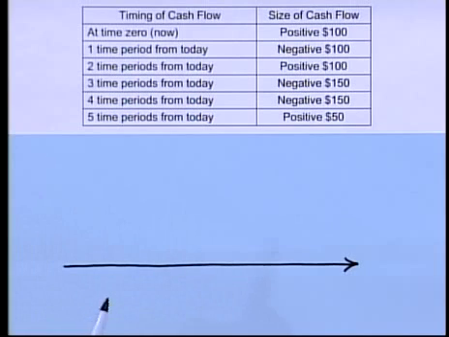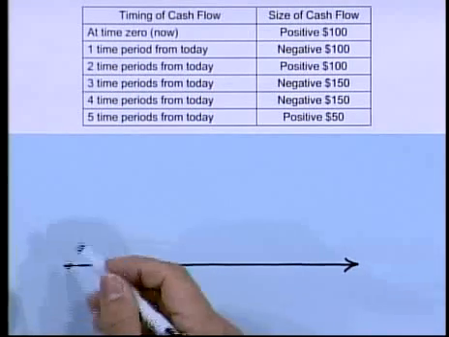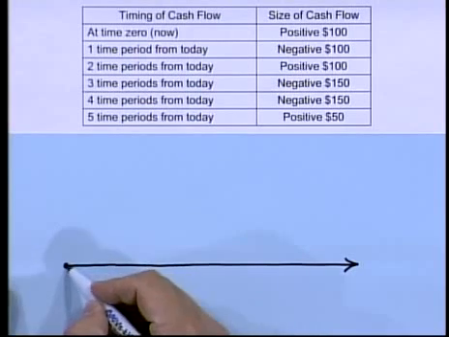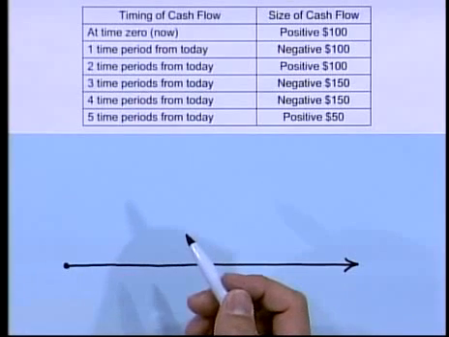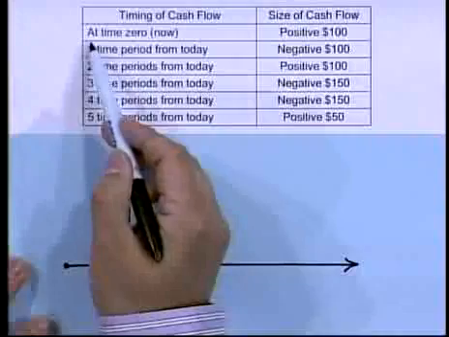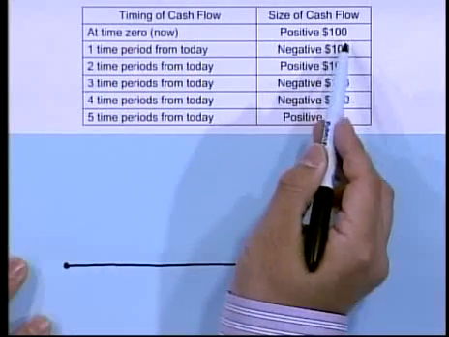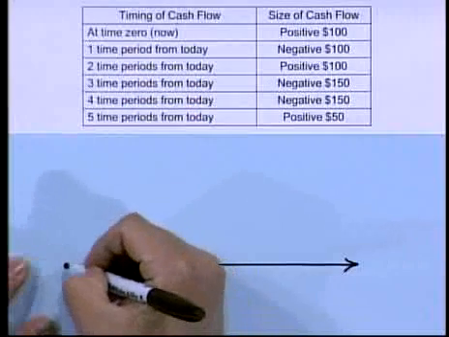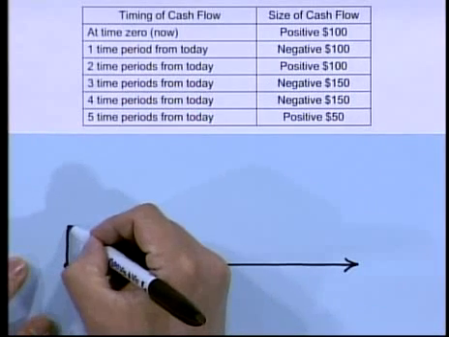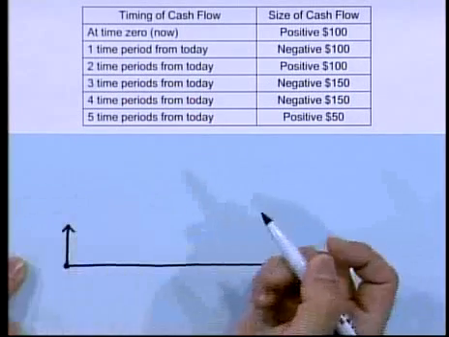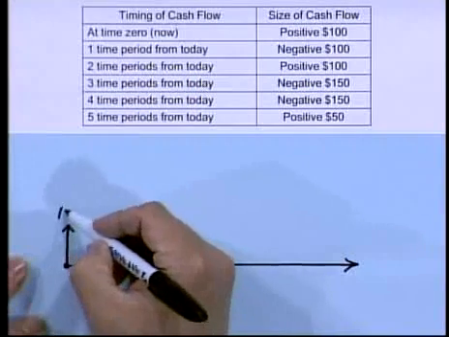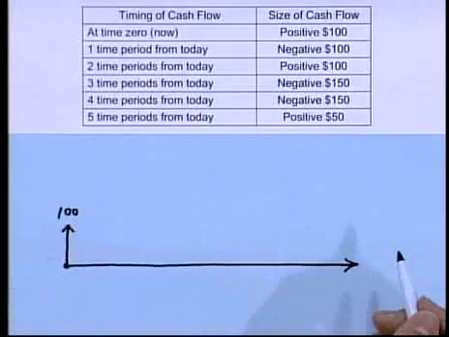The arrows show the timing and the amount of revenues and costs. The arrows pointing up represent positive cash flow. Here at time 0, which is right now, we have positive $100, so we draw a positive arrow like this and put the number 100.